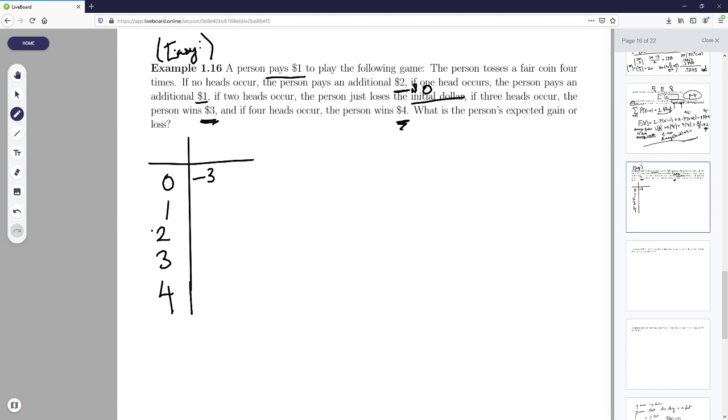So that means -2, because they pay the first $1 and they pay an additional $1. If 2 heads occur, they just lose the initial $1, so we can say -1. If 3 heads occur, then they win $3. But do they get their original $1 back? It doesn't really say. Let's say that they get their original $1 back.